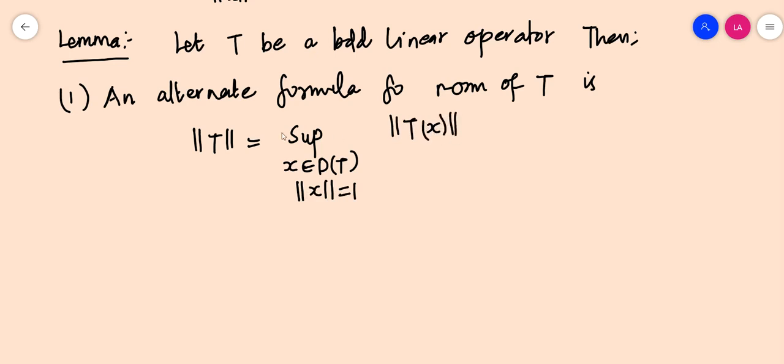This is the alternate definition of the norm. Instead of x not equal to 0, we consider only those x whose norm is 1, take the image of those elements, and take the supremum.